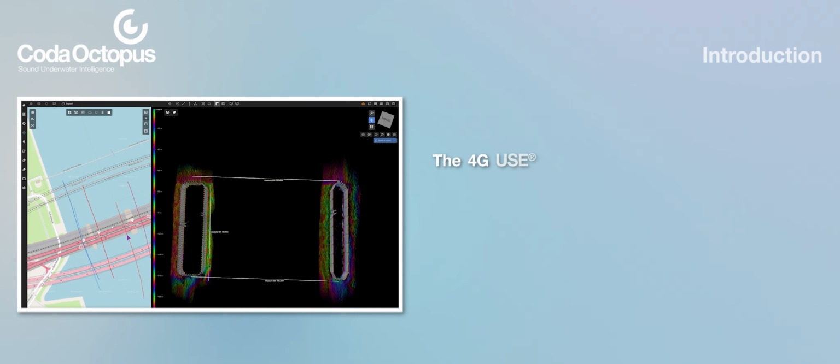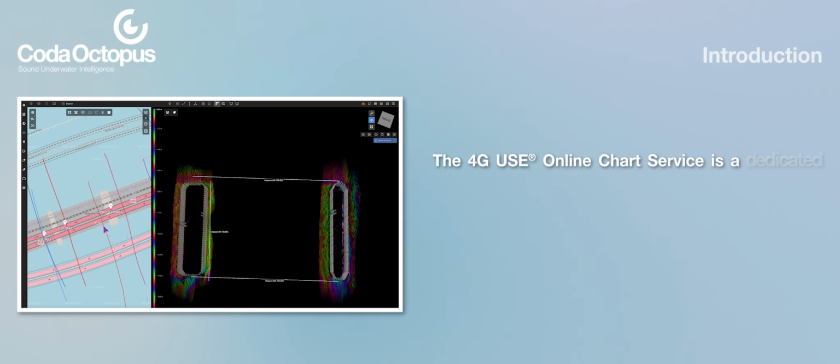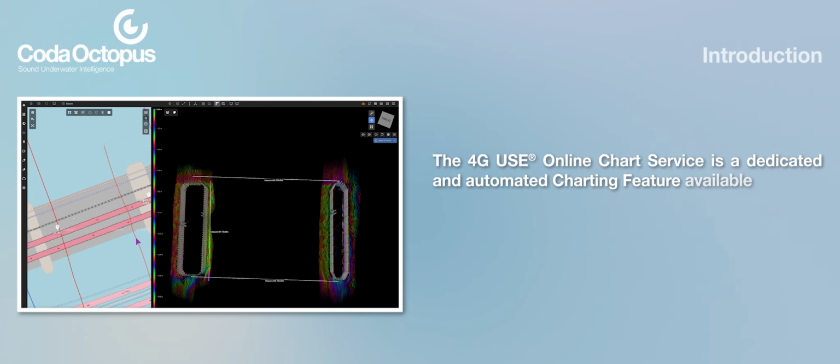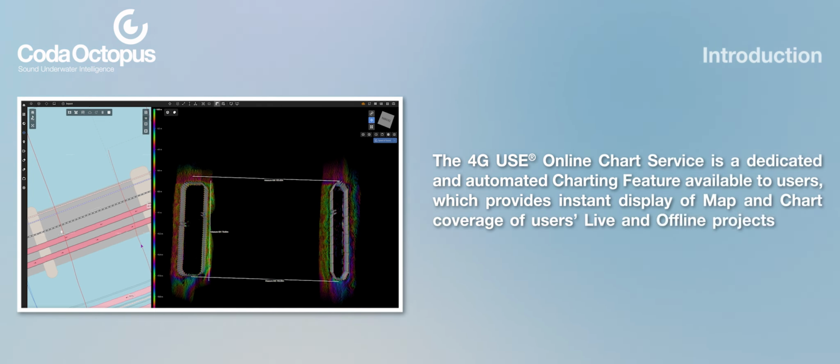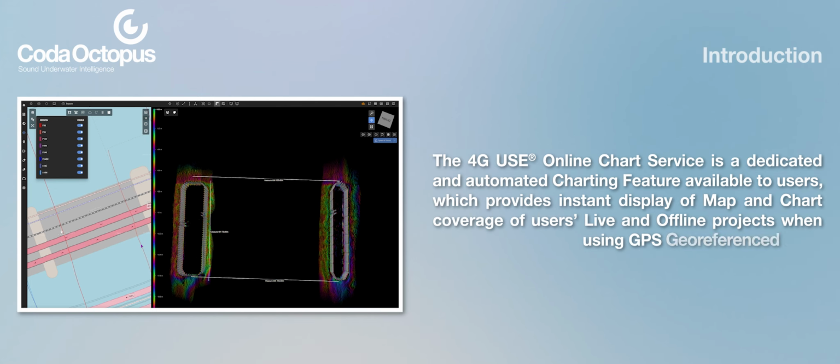The 4GU's online chart service is a dedicated and automated charting feature available to users, which provides instant display of map and chart coverage of the user's live and offline projects when using GPS georeferenced data.